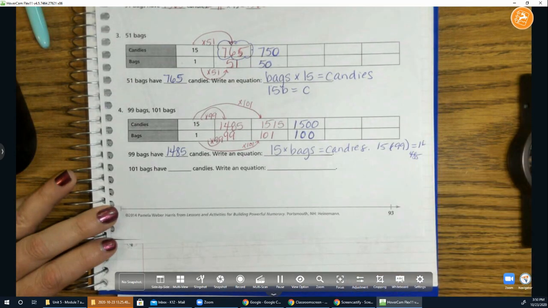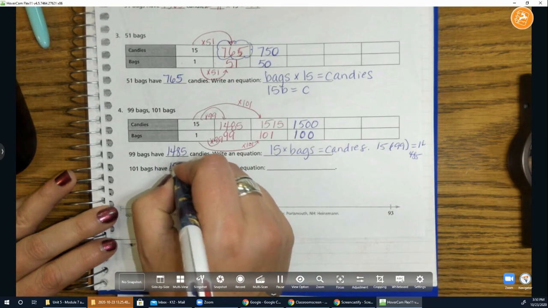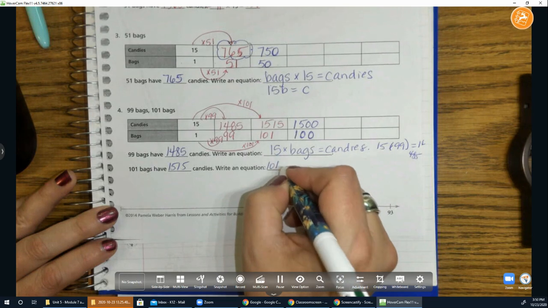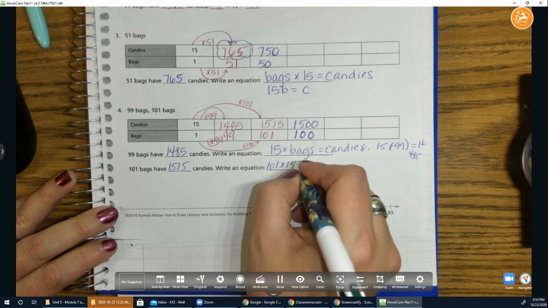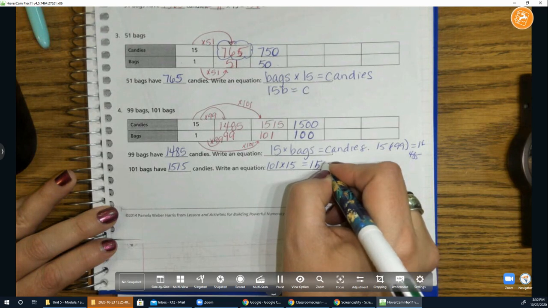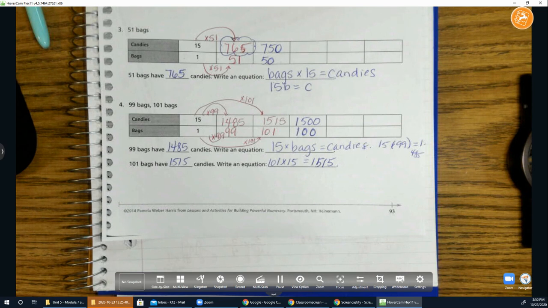I ran out of room. And 101 bags would be 1,515, which you can also say is 101 times 15 equals 1,515. Okay, so that does it for our homework right now.